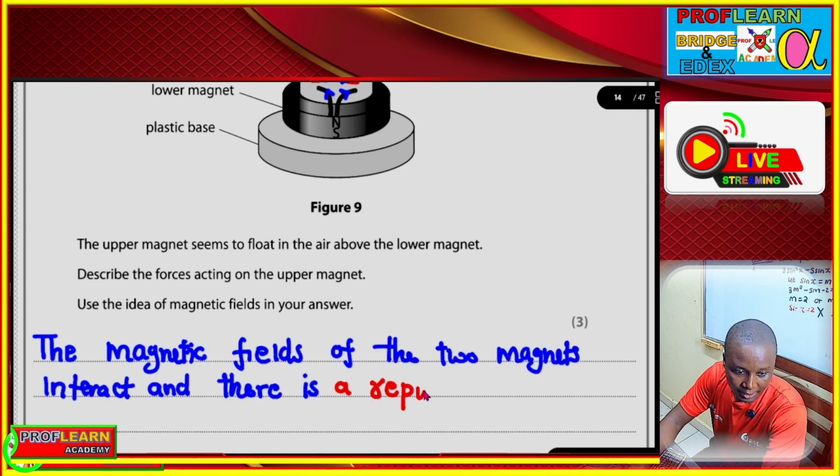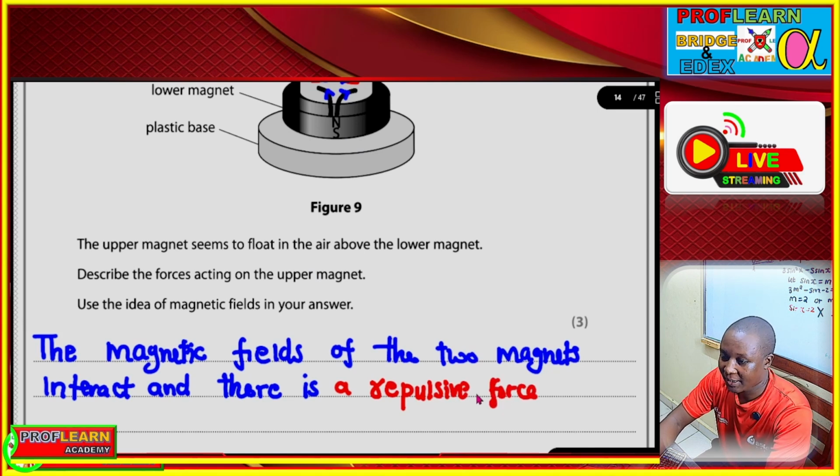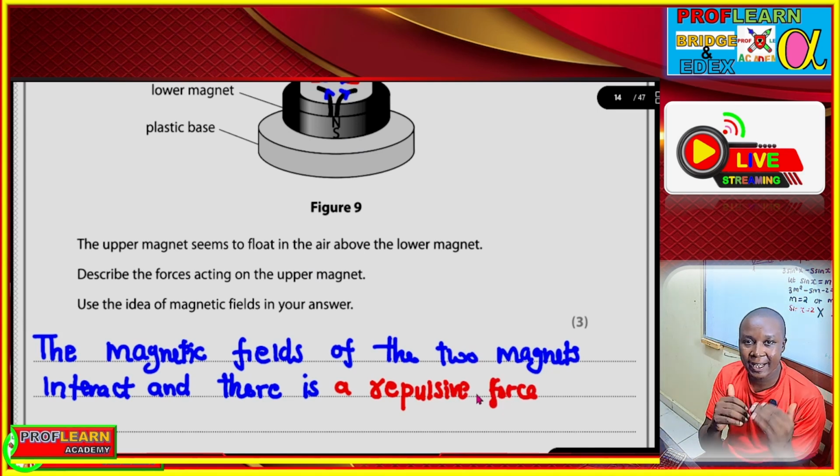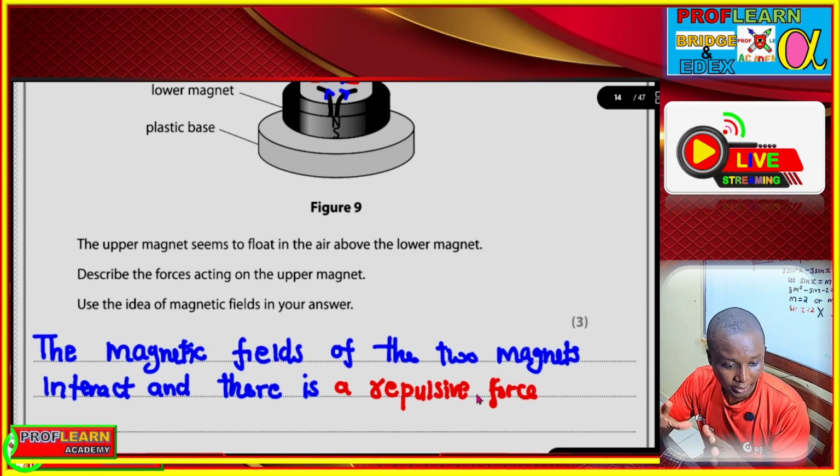We know unlike poles attract, like poles repel. Since we have north and north next to each other, we are going to have repulsion. You are correct.